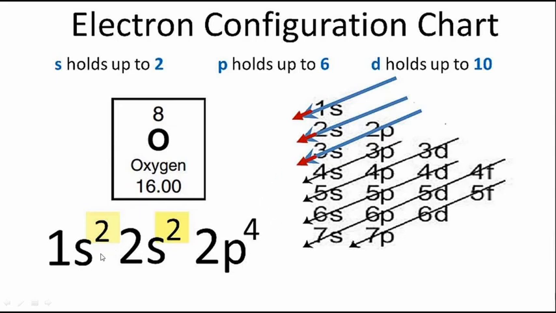S always has 2 electrons. Whether it is 1s or 2s or till 7s, whatever the s is, it can have only 2 electrons. S can hold up to 2 electrons. P can hold up to 6 electrons. D can hold up to 10 electrons. So these 8 electrons I am distributing like this: 1s2, 2s2 and 2p4 only.